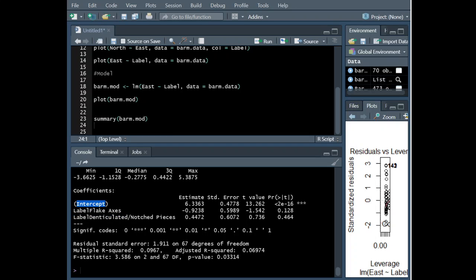So in this case, microburins has been assigned to the intercept. And so the estimate here for the intercept is the same as the estimate for the mean Easting value of microburins. And then we've got the coefficients for flake axes and denticulated and notched pieces.